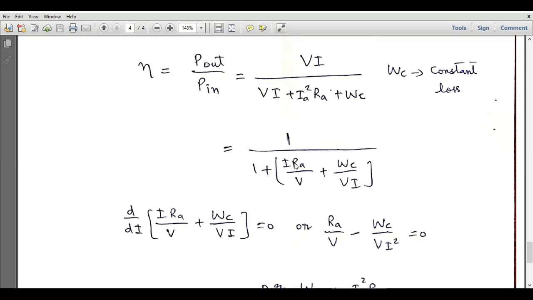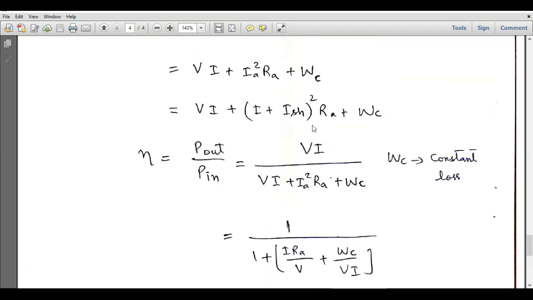And you might have observed that we have equated IA equal to I, right? So we have assumed that IA, armature current, is equal to the load current, okay? Because normally this shunt current is very small compared to the armature current, so we can ignore this shunt current, so armature current will be equal to the load current.